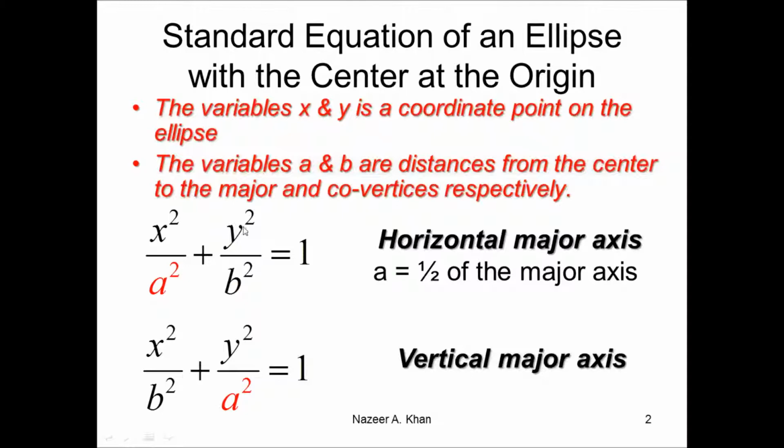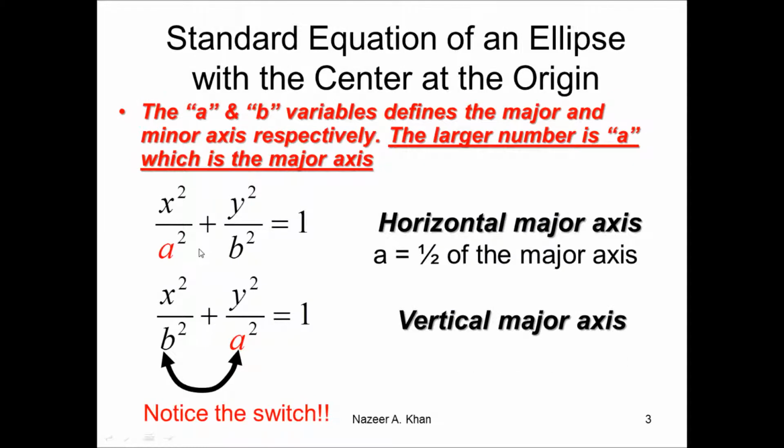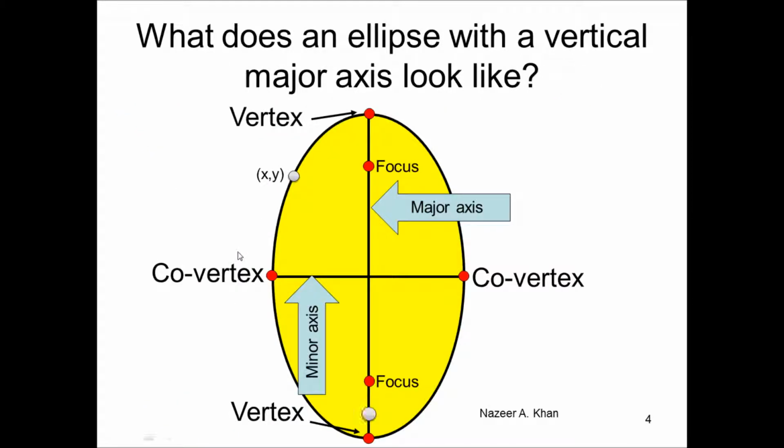Okay, again, this indicates that the center of this ellipse is at the origin because of the absence of h and k. In this particular slide, it's just showing that the a and b's are switching. We know that the x and y is a coordinate value on the ellipse, a is 1/2 of the major axis and b is 1/2 of the minor axis.